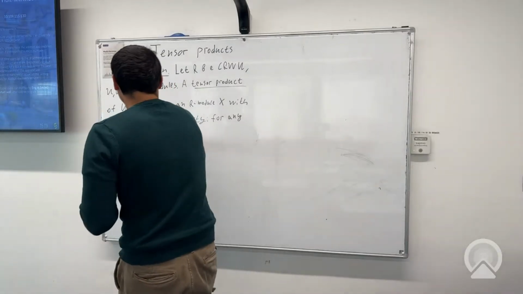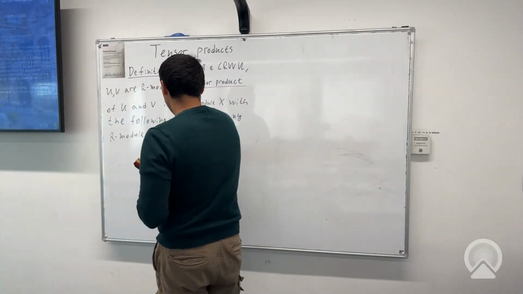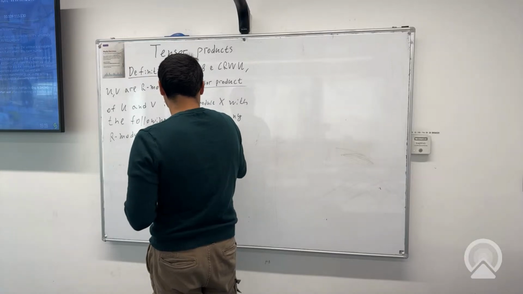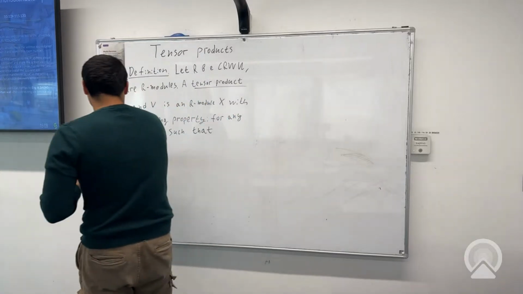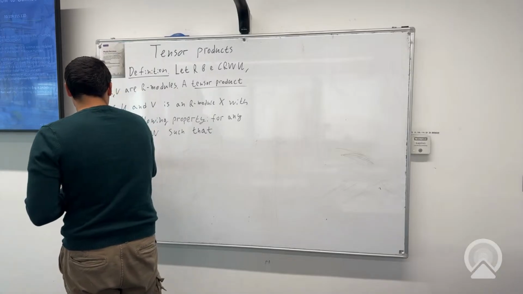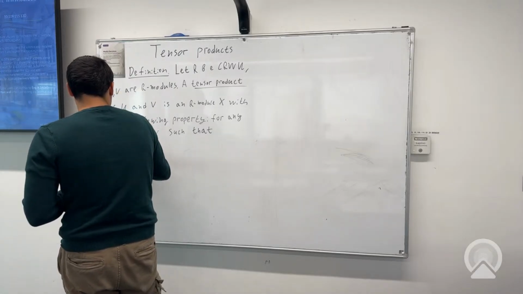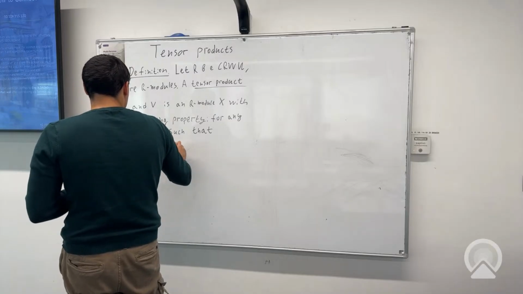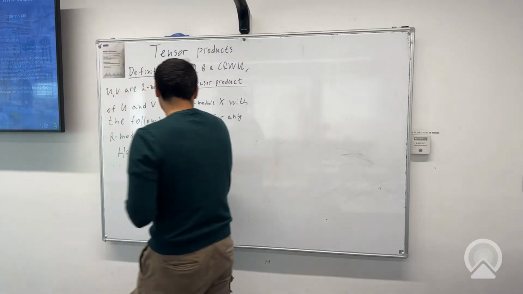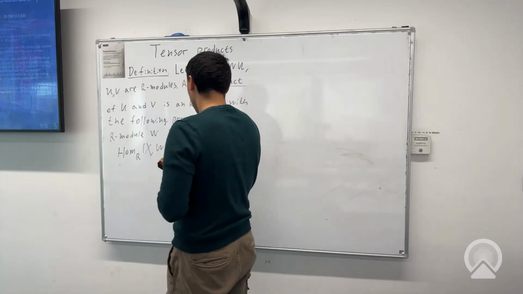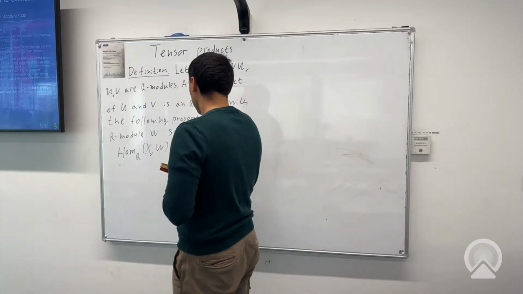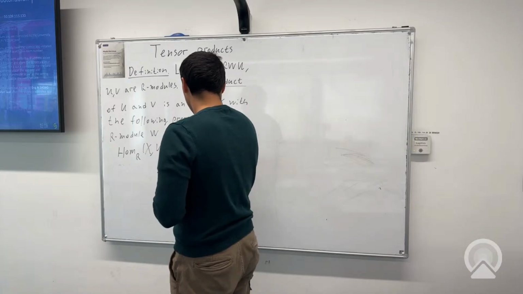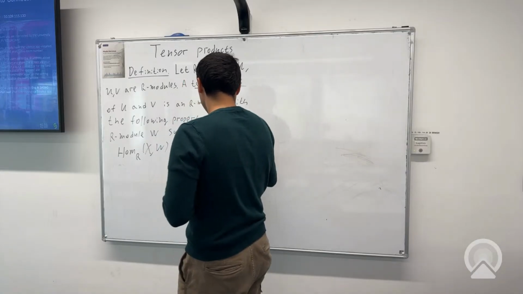For any R-module W, the space of homomorphisms from X to W is isomorphic to the space of bilinear maps from U times V to W.